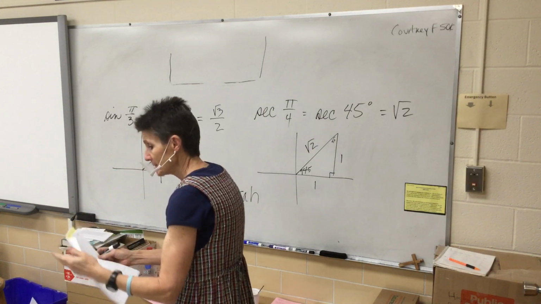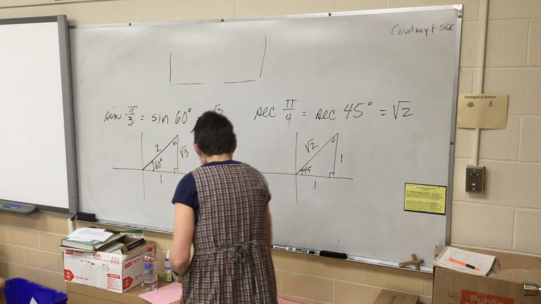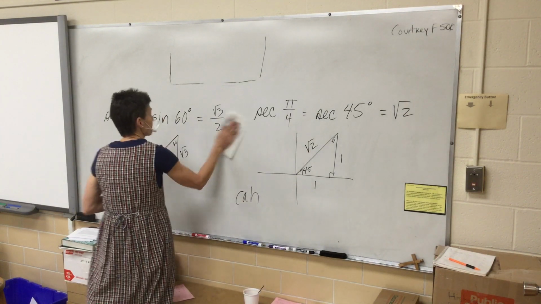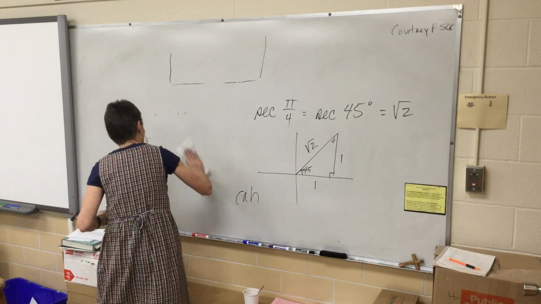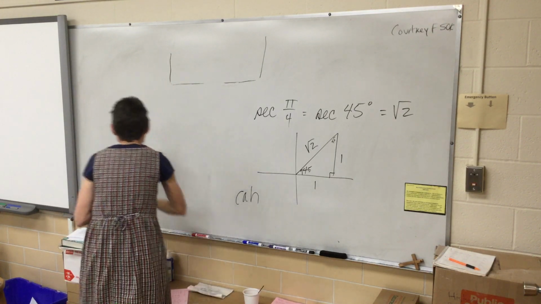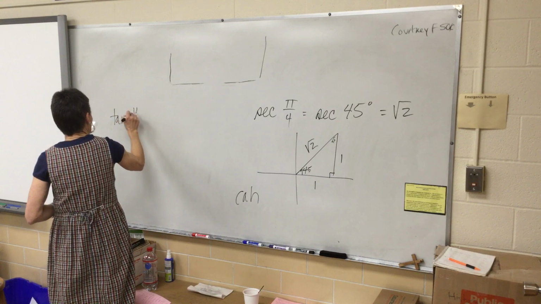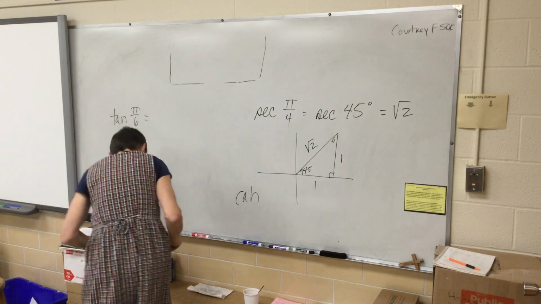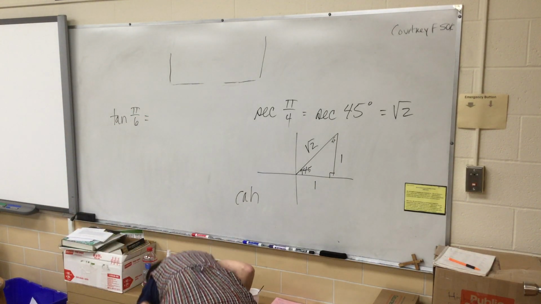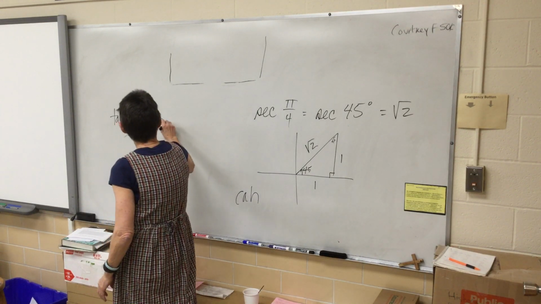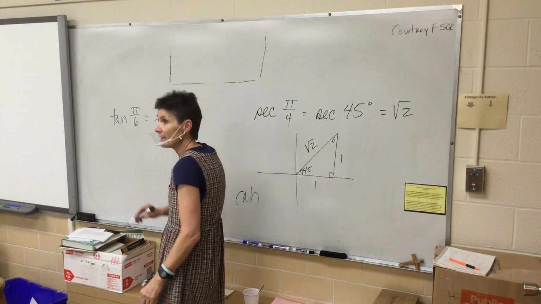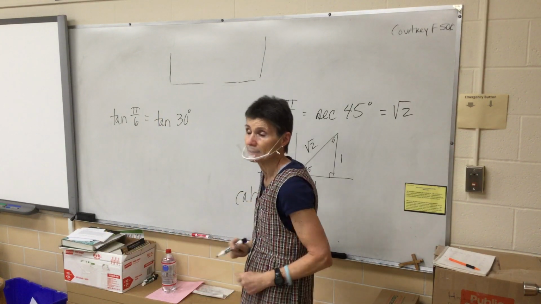All right, tangent pi over 6. Tangent pi over 6. How many degrees is that? 30? Beautiful. 180 divided by 6, a sixth of 180.